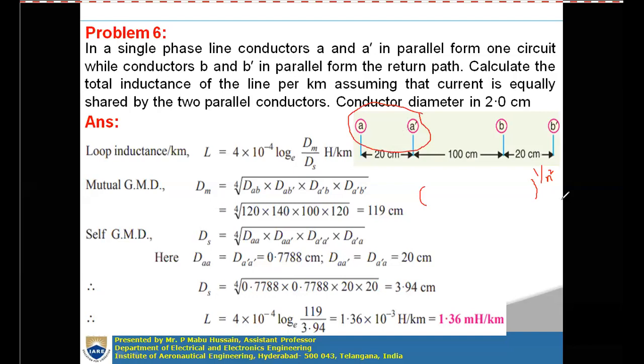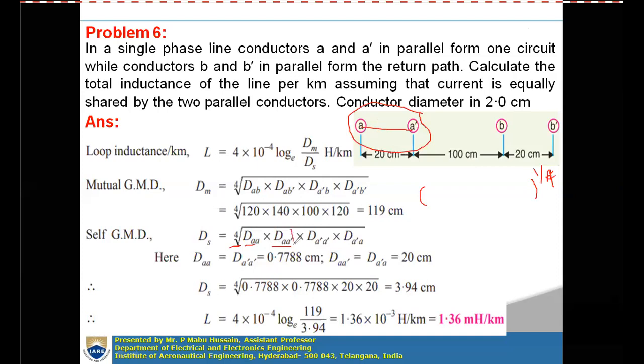Here there are two conductors, so 2 square, which is again 4. This can also be written as the fourth root. Now consider subconductor A in phase A. Self distance also you have to consider, so DAA into DAA dash.